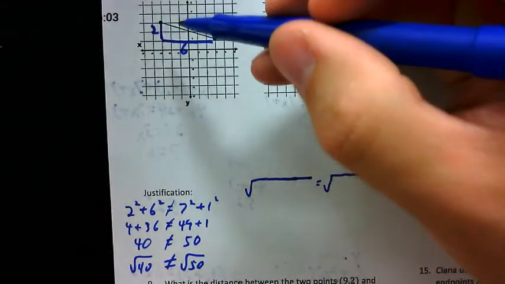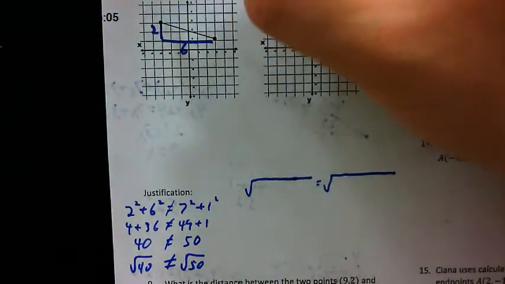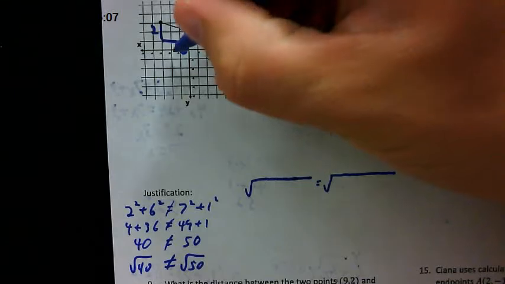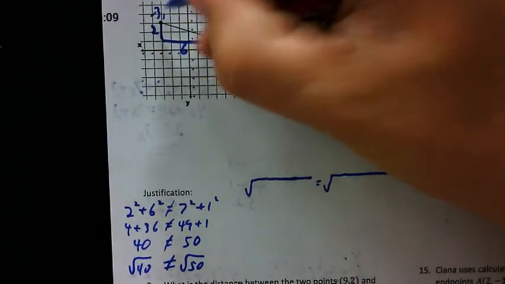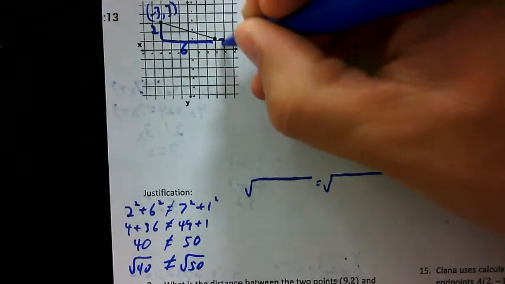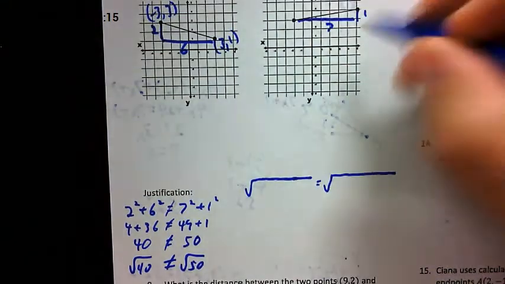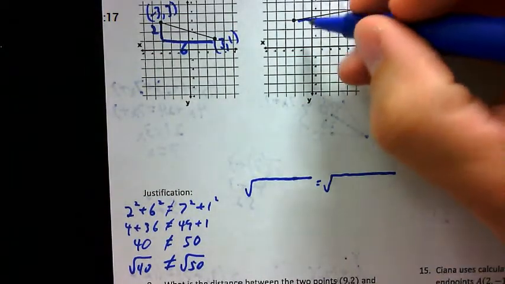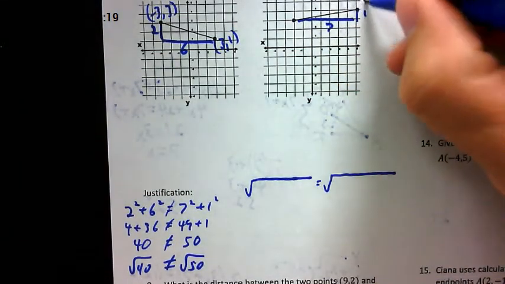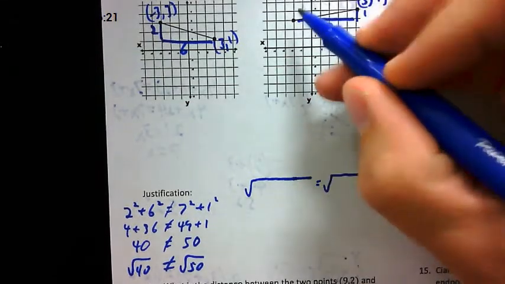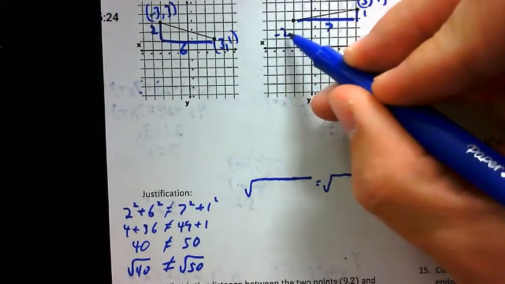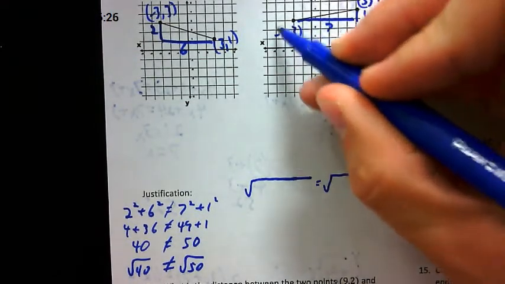On this one, where are my points here? This is 1, 2, 3. That's at -3 and 3. And this is at 3 and 1. On this one, we have 5 and 4 for that one. And this one would be -2 and 3.